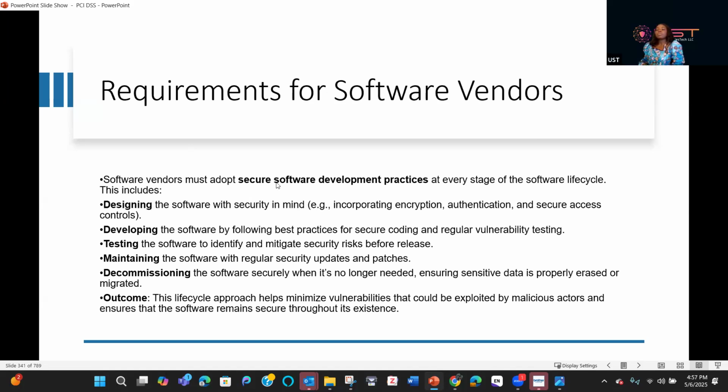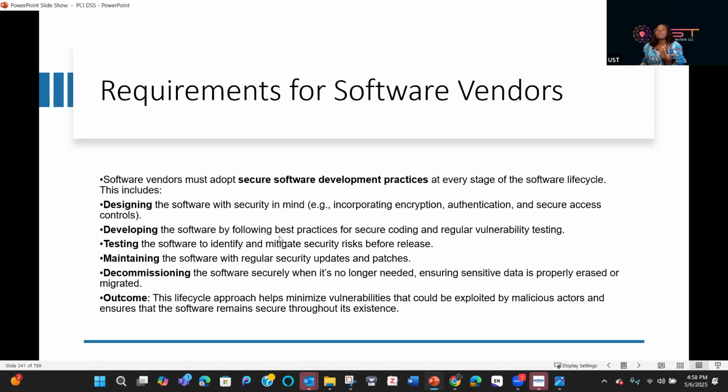But what are some of the requirements of software vendors? First, vendors must adopt secure software development practices at every stage of the software lifecycle, which includes, this is exactly what I said, I'll take some time and create videos for this, right? The designing phase: designing the software with security in mind all the way, incorporating encryption, authentication, and secure access controls.